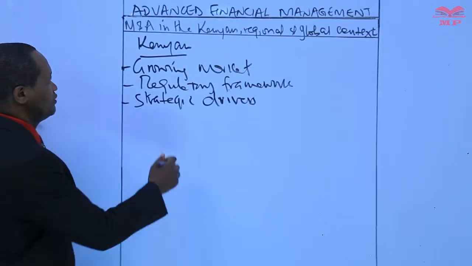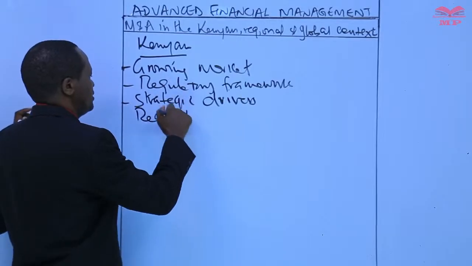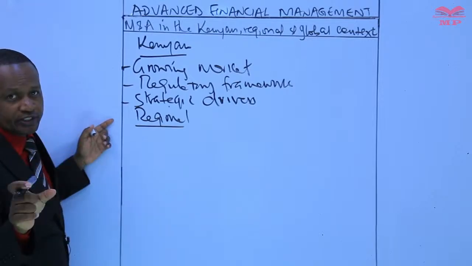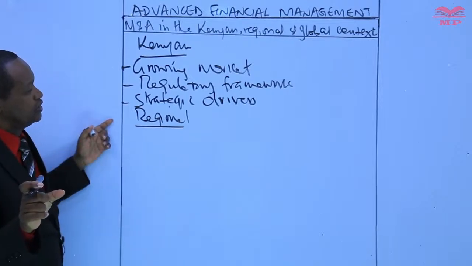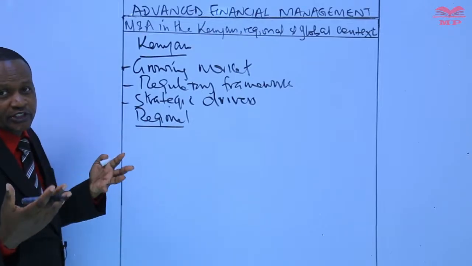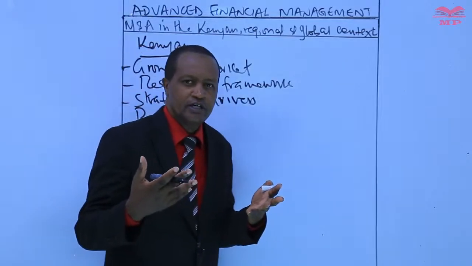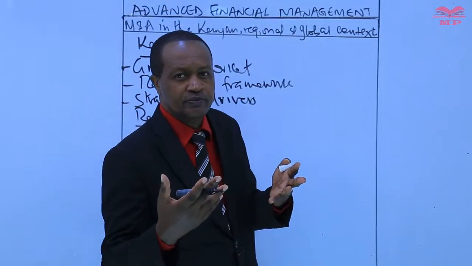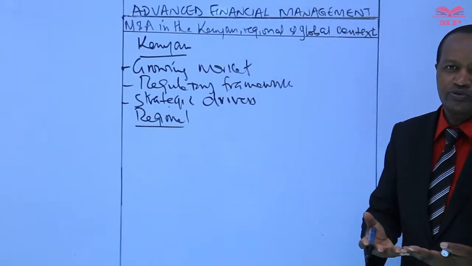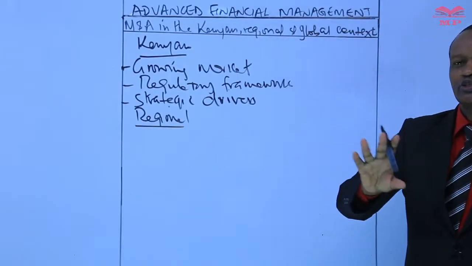Then you have the regional context. Mergers and acquisitions in the regional context: here we are referring to the East African integration, the East African Community. The East African Community promotes regional integration, leading to increased cross-border mergers and acquisition activities.